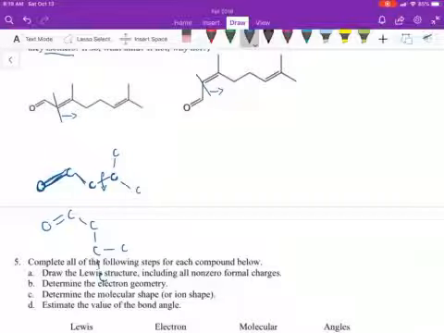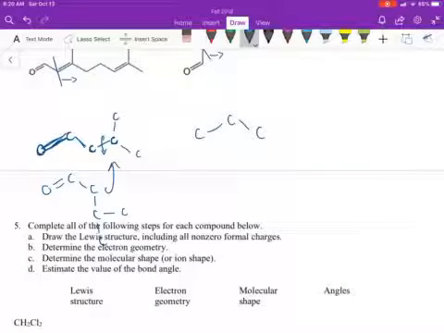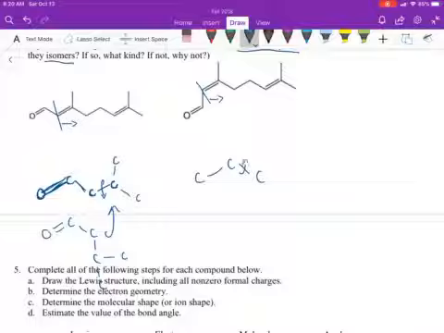That would be the same thing as this, even though we rotated it, because single bonds, carbon, carbon, carbon, can rotate like this. We could rotate this up and it'd be carbon, carbon, carbon, and that's technically the same thing. If we just turn the molecule on its side, it's going to look exactly the same.